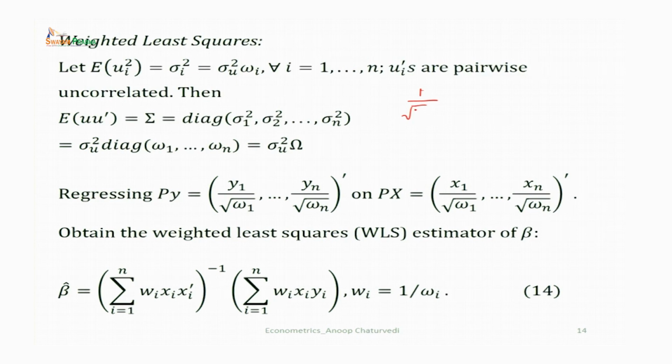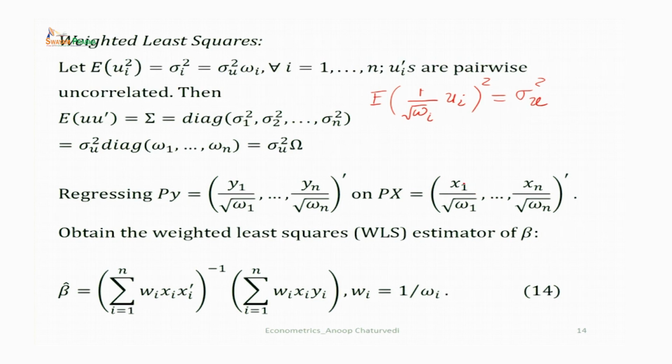Now, if we take 1 upon under root omega_i times u_i, then this has variance sigma_u squared. So, what we do? We multiply y_1 by 1 upon under root omega_1, y_2 by 1 upon under root omega_2, and so on, y_n by 1 upon under root omega_n.